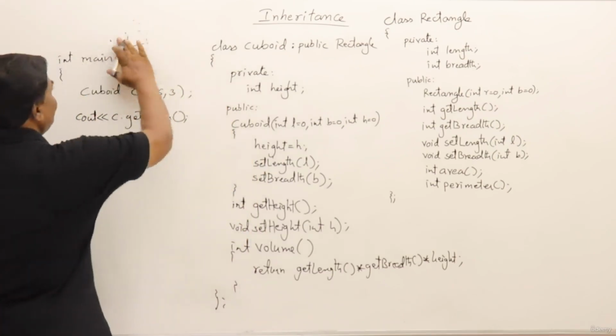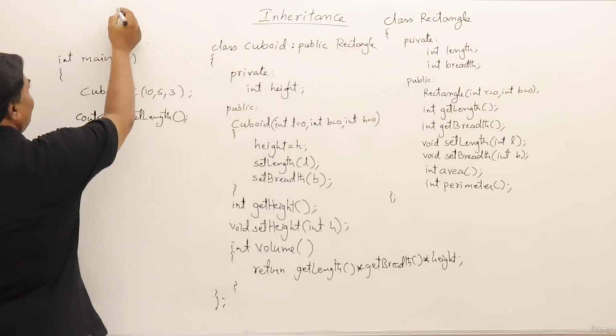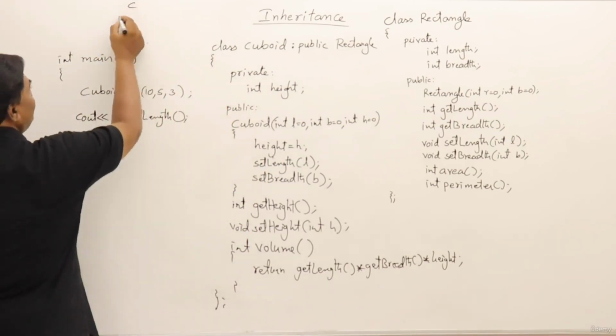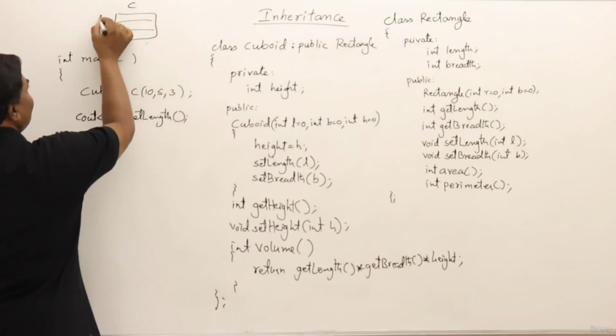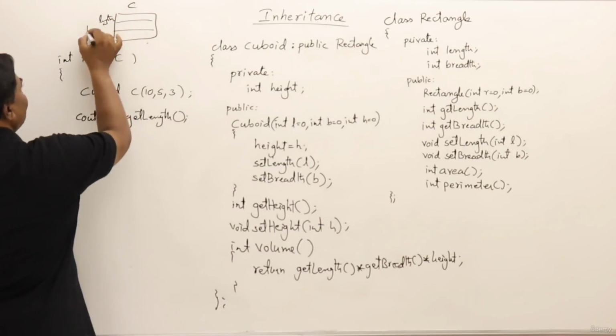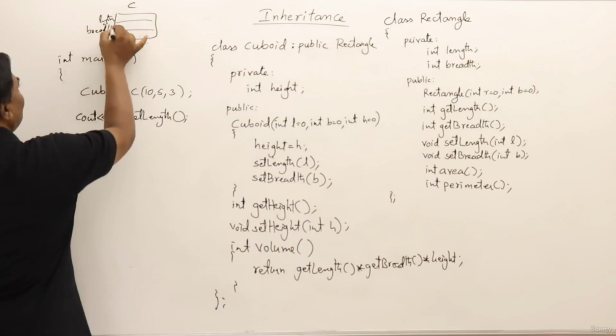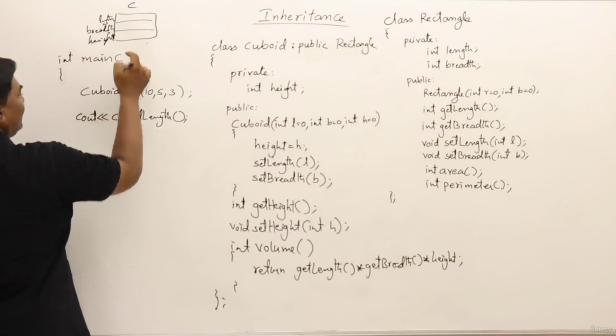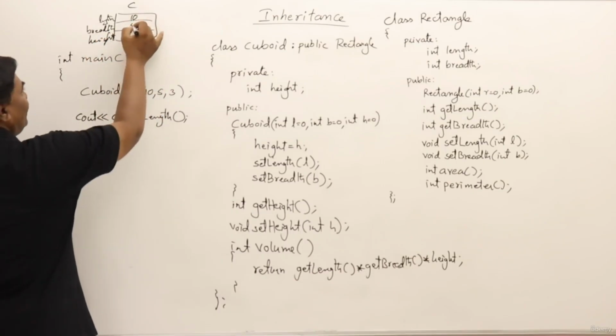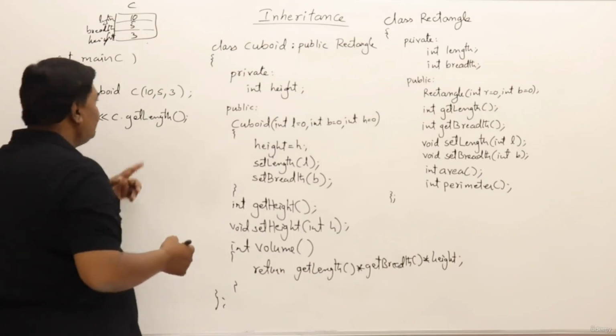So if I show you the members now, when I create an object of cuboid C, then what are the members it is having? It is having 3 members, that is length, breadth and height. 10 and 5 and 3. These 3 members are there.